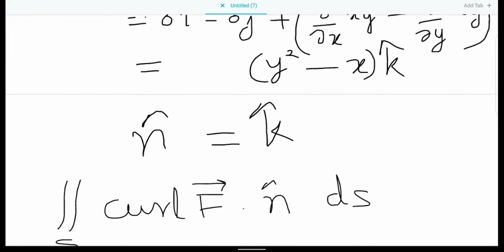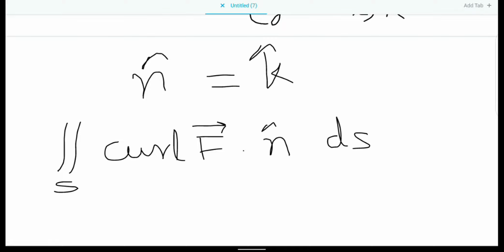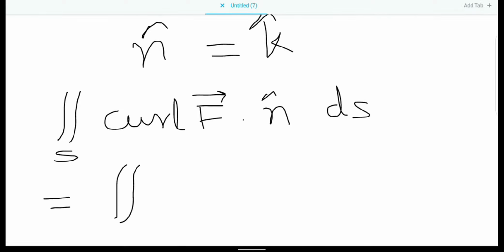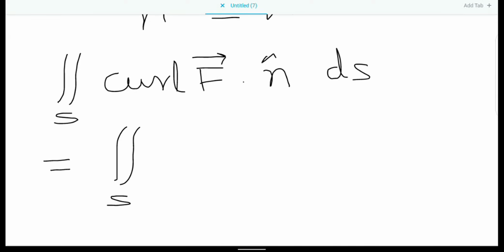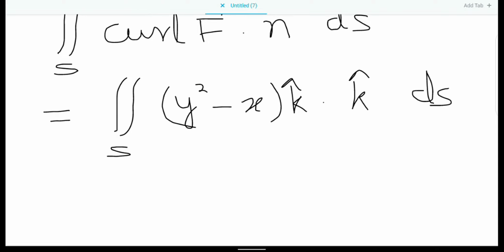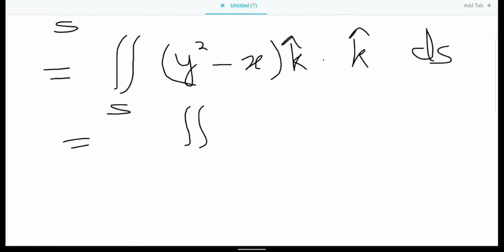Curl of F we have just computed to be (y squared minus x) k. Dot k gives k dot k equal to 1. So we just have the surface integral of (y squared minus x) dS.